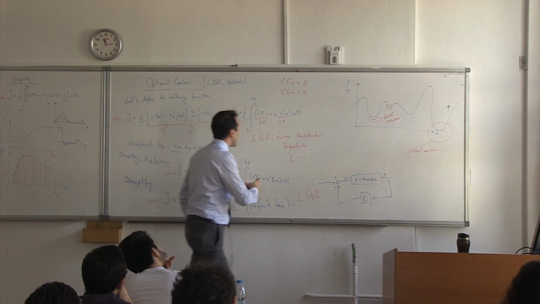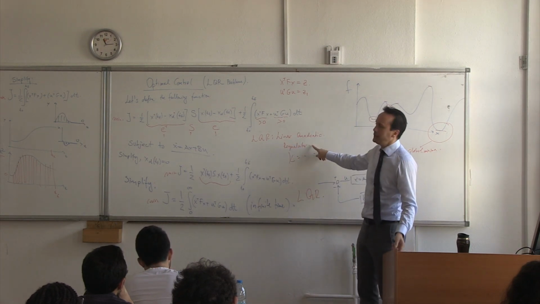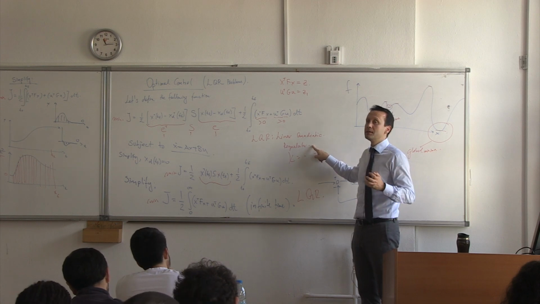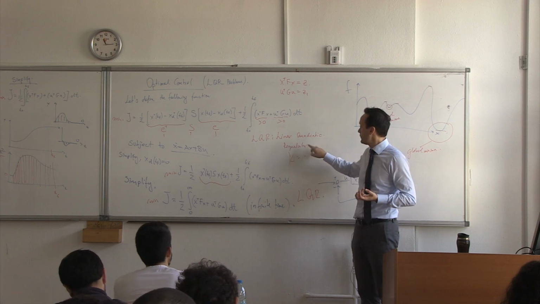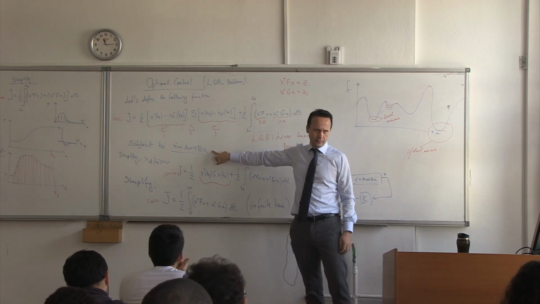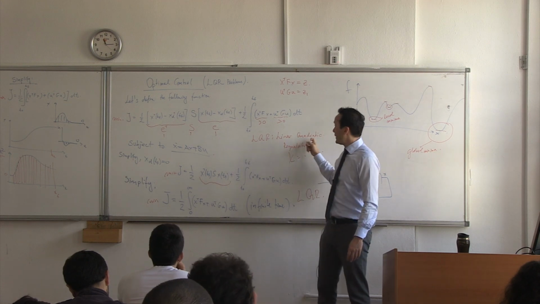One more thing. Why is this called a linear quadratic regulator? Regulator means controller. It regulates things, which means it's a controller. Linear, because the problem is a linear problem. It's a world of linear systems. Why is it quadratic?